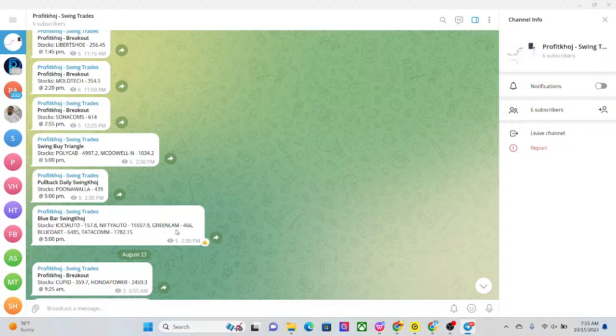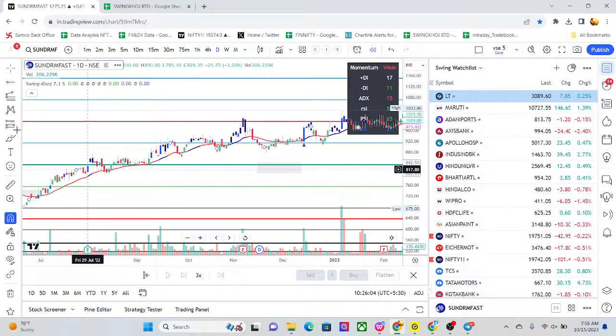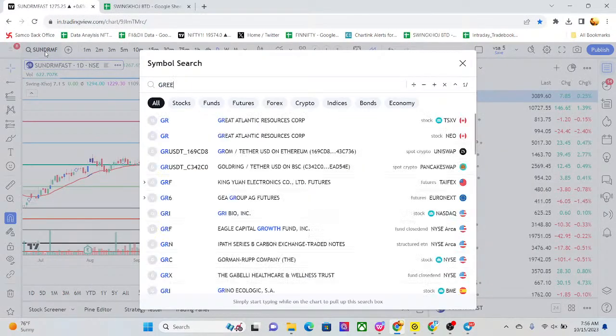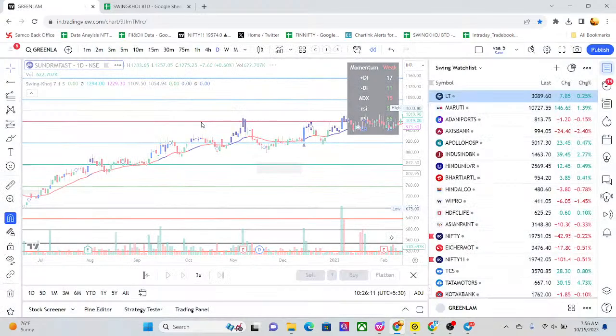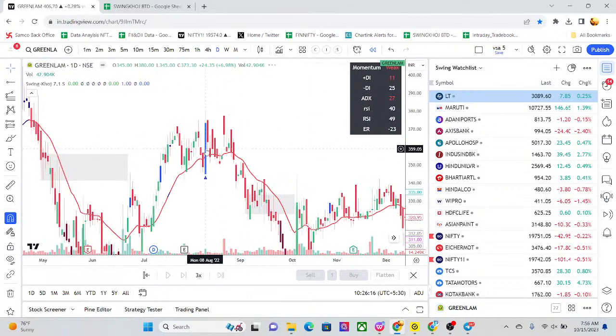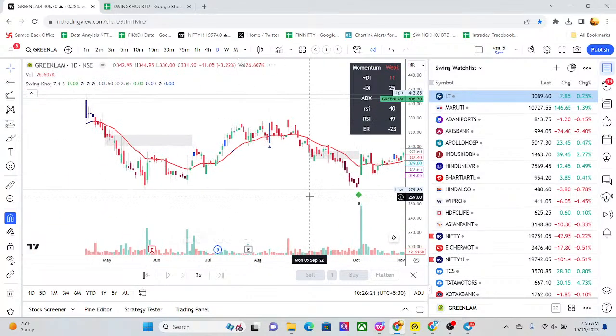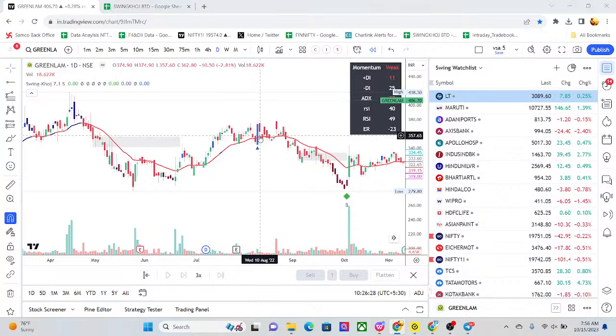So we can see here a green lamp. Okay, so this is a big candle. We have a strict rule for the big candle, so we are not taking this into consideration. Let's check other stock.